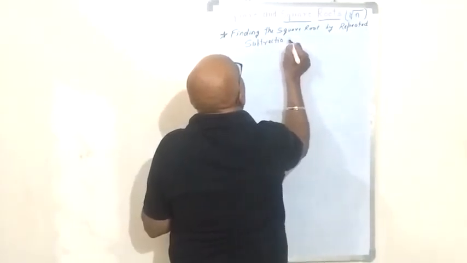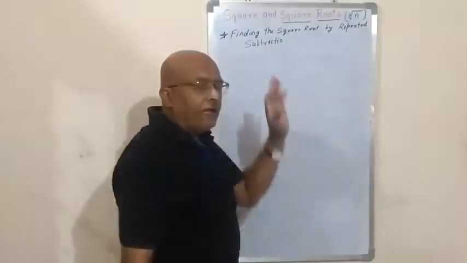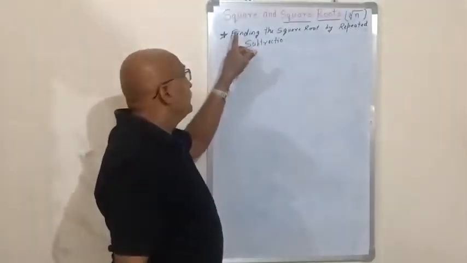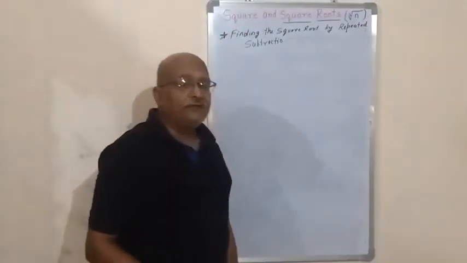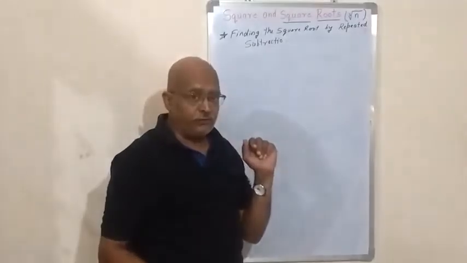While finding squares, we have seen that odd numbers play a very major role.